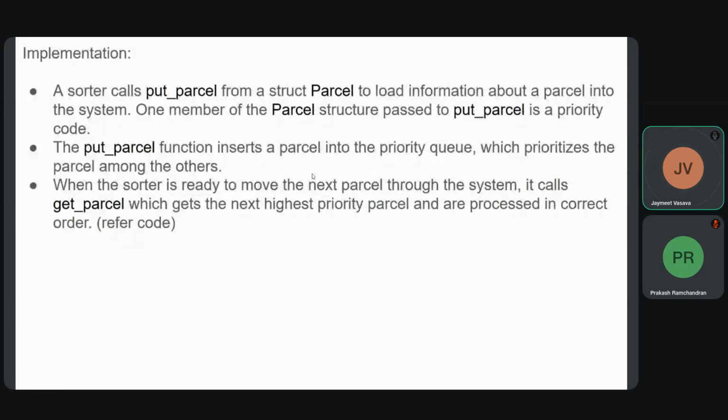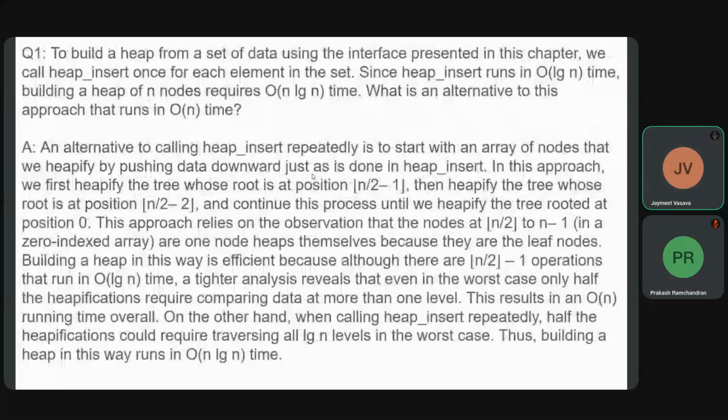First is to build a heap from a set of data using the interface presented in this chapter, in this presentation. We call heap insert. Since heap insert runs in log n time, building a heap of n nodes requires n log n time.